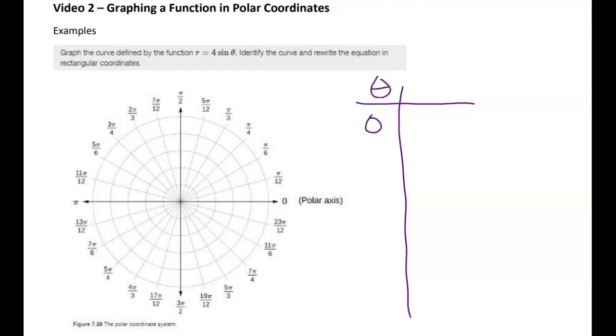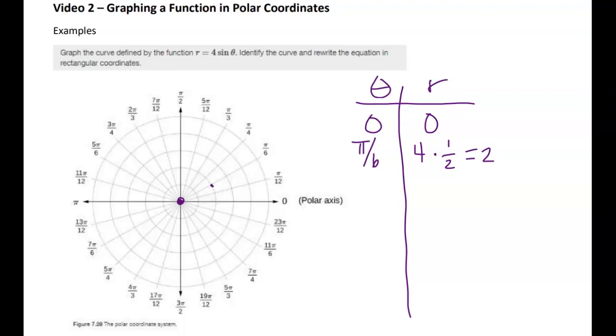So at 0, 4 times the sine of 0, so I'm going to start at 0, 0. Let's think about pi over 6. So 4 times the sine of pi over 6 is 1/2. So at pi over 6, I need to be at 2.